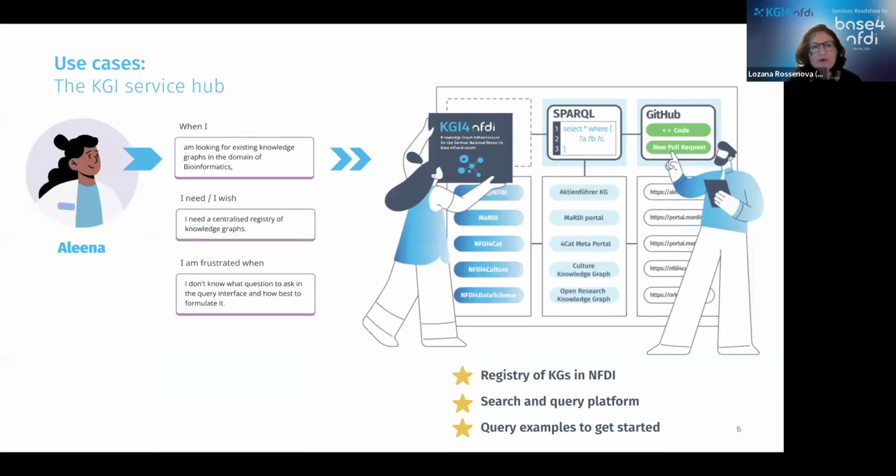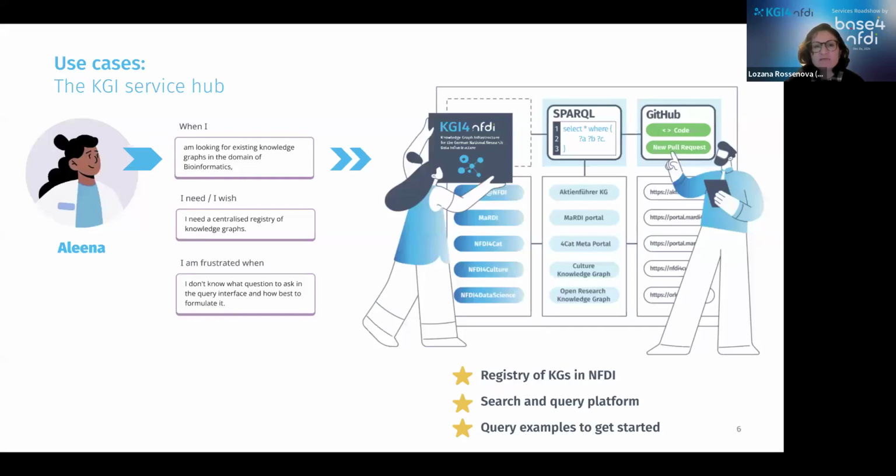We wanted to first look more into our KGI Service Hub offering and how we can meet some use cases there. One of the core use cases that came up while we were designing the persona for Alina, our first year postdoc in bioinformatics, is a common scenario where she's a scientist interested in general in KG technology, but doesn't have a great overview at the moment.